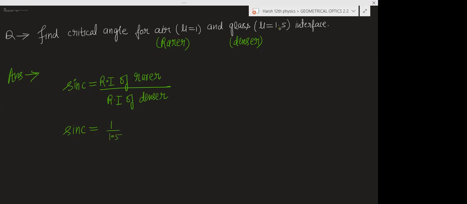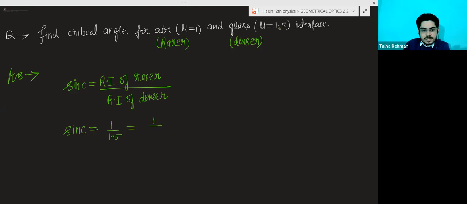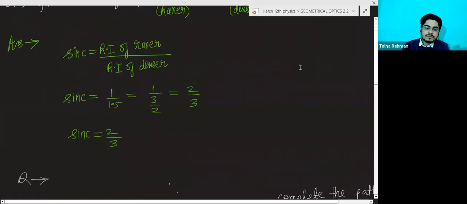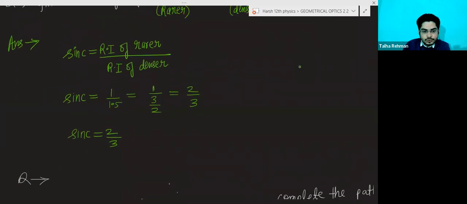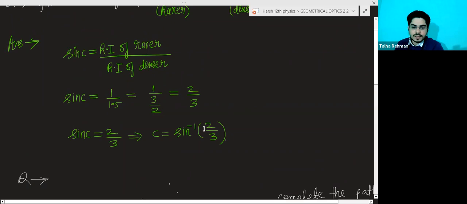So it will be 1 divided by 1.5, which can be written as 2 by 3. So the sine of the critical angle is 2 by 3, and the critical angle is sine inverse 2 by 3. If you write this answer, it will be correct.